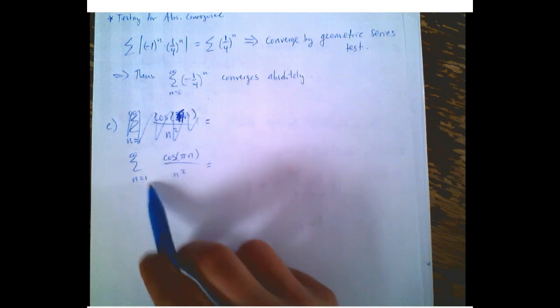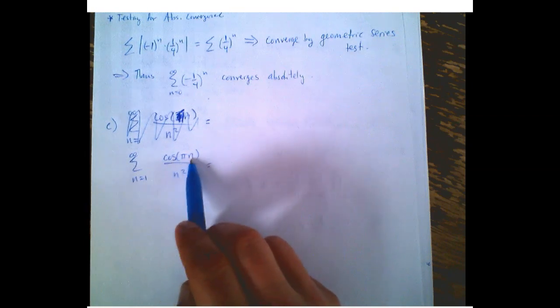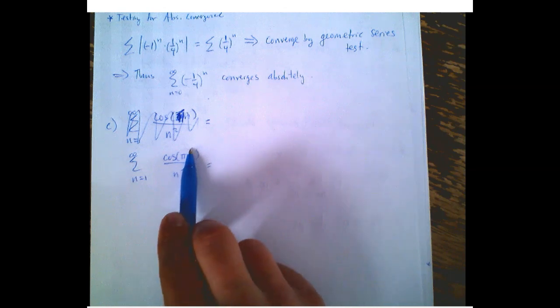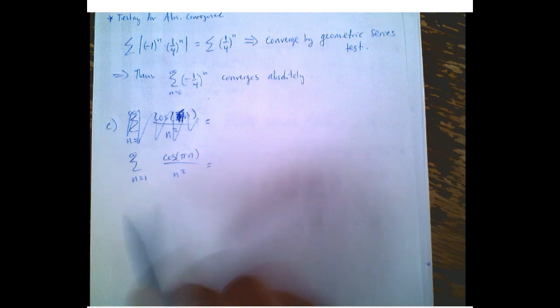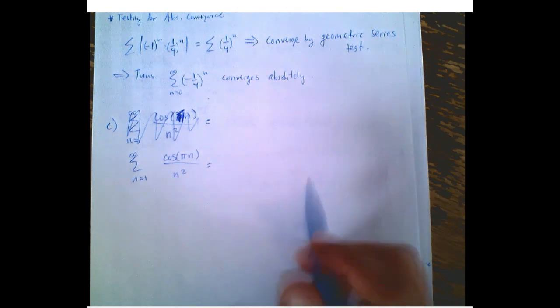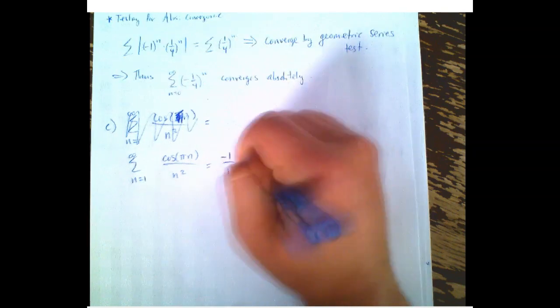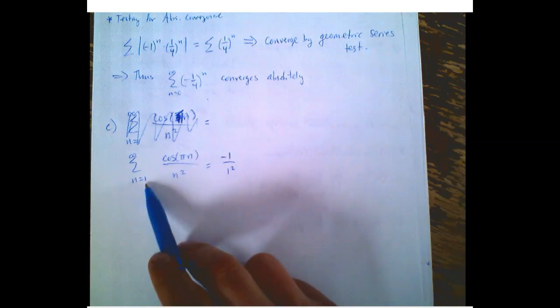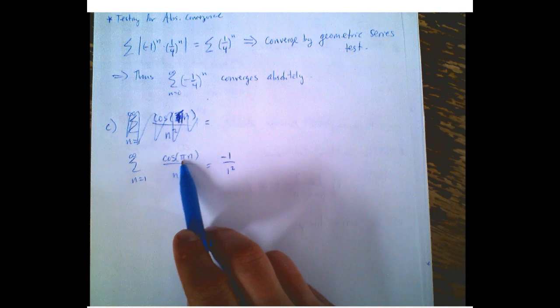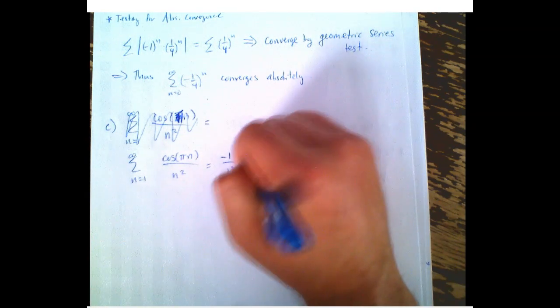So just note that if we have the cosine of pi n, if n is 1, then we get the cosine of pi. The cosine of pi is negative 1, right? So let's write out some terms of the series first before we do anything with the convergence. The first term would be the negative 1 over 1 squared. The second term is when n is 2. This would be 2 pi. Cosine at 2 pi is 1, so this would be 1 over 2 squared.